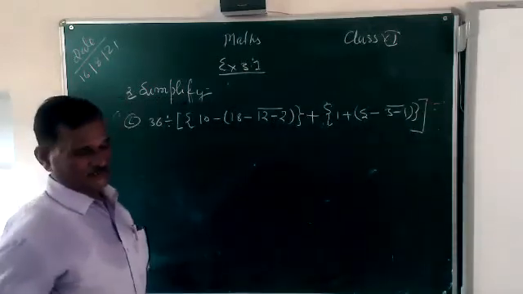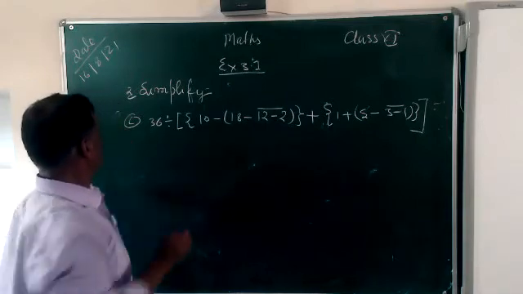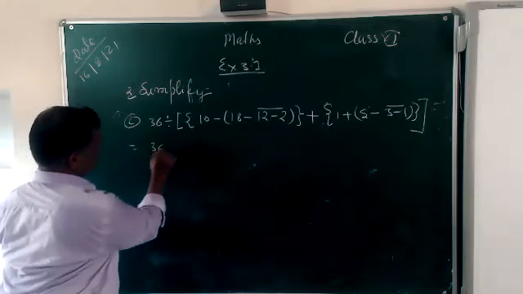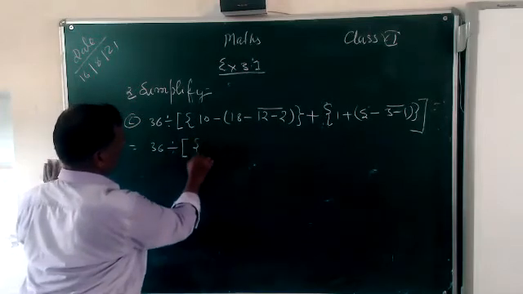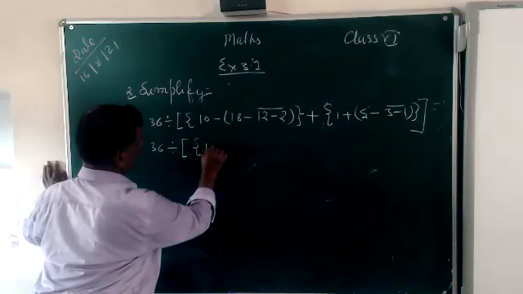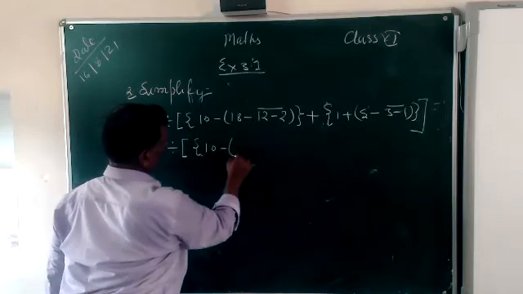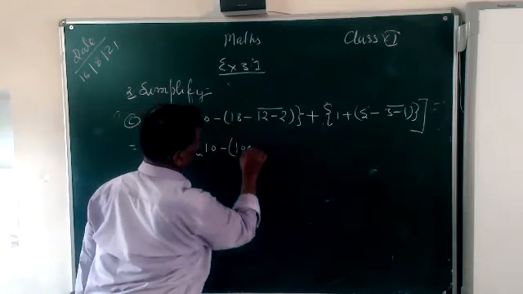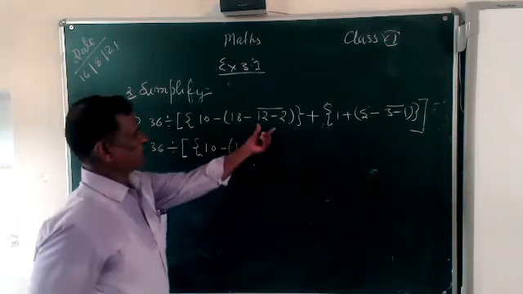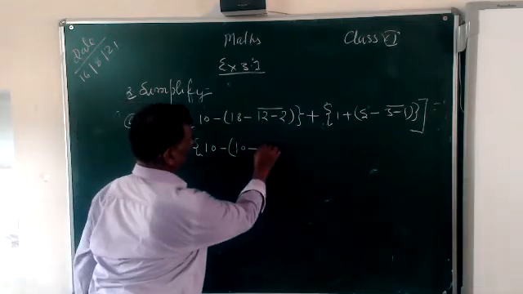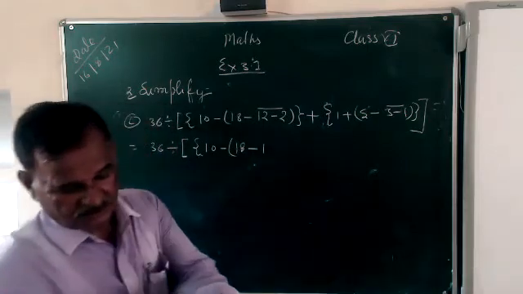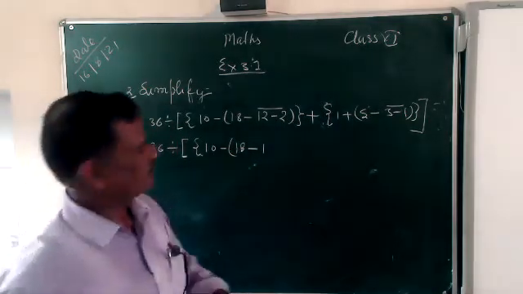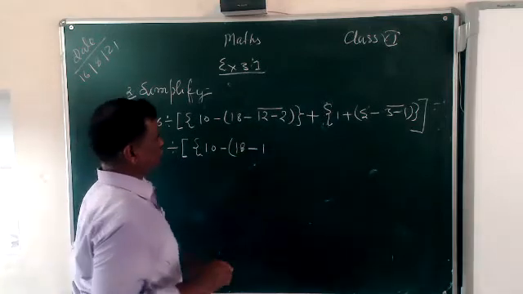This is your expression given, but here is 36 divided by, in curly bracket, 10 minus common bracket 18 minus, simplify the bar bracket. 18 given, 18 minus 12 minus 2 in bar bracket.